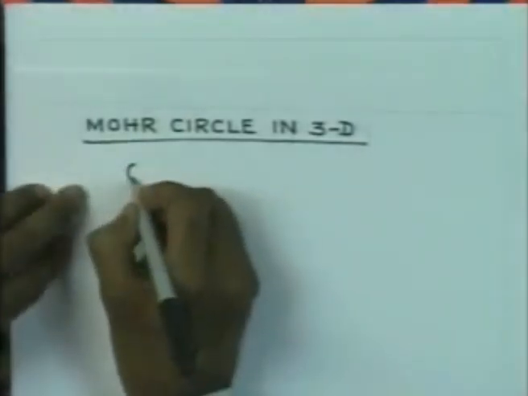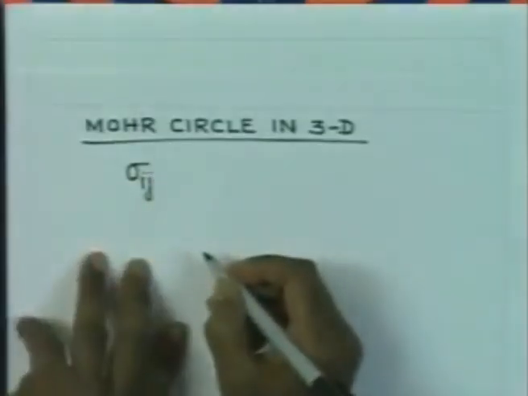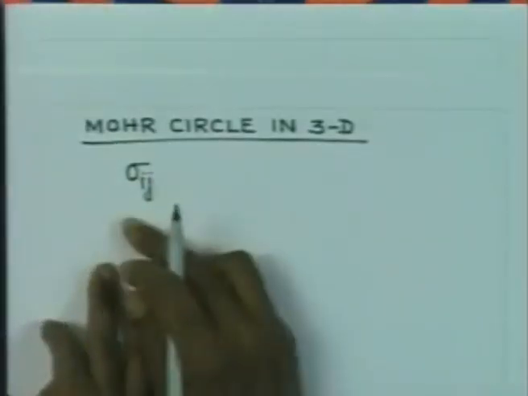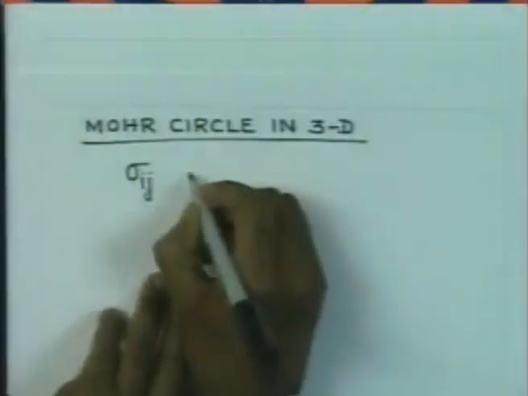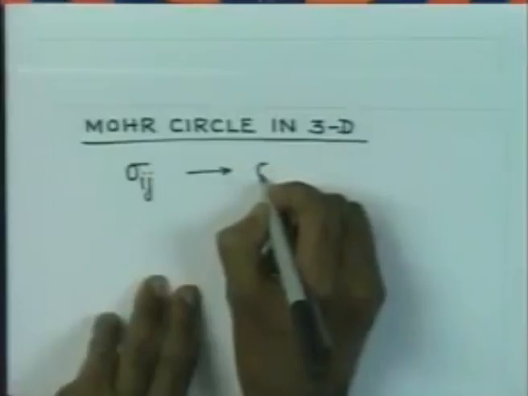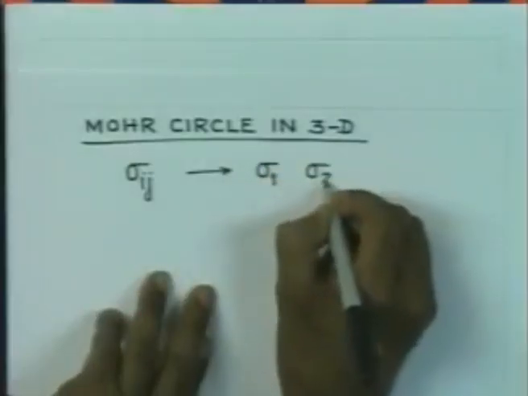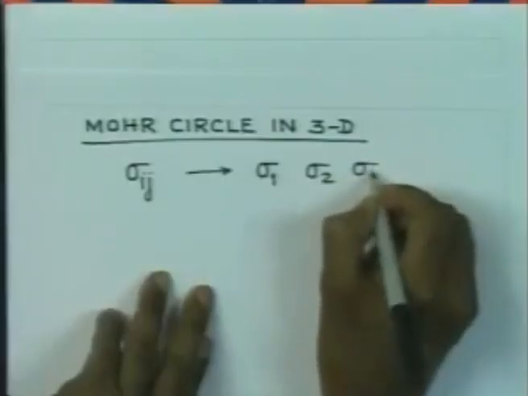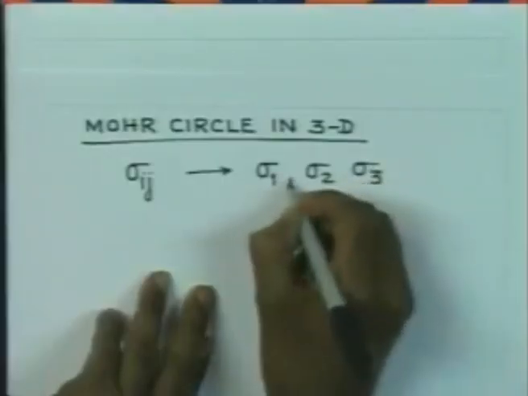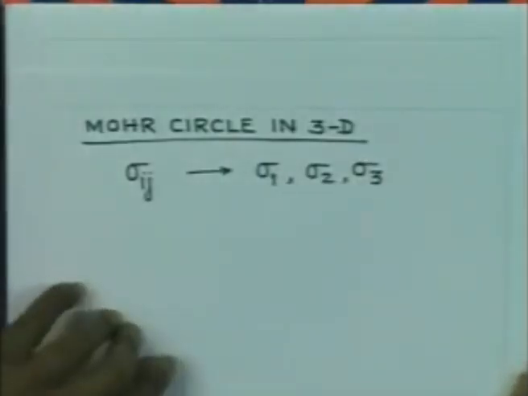We have the stresses at a point, sigma i j. Starting from these stresses, you must calculate the principal stresses sigma 1, sigma 2 and sigma 3. You can also calculate their directions.